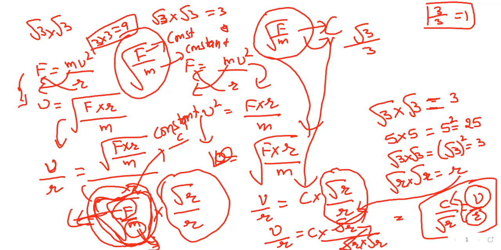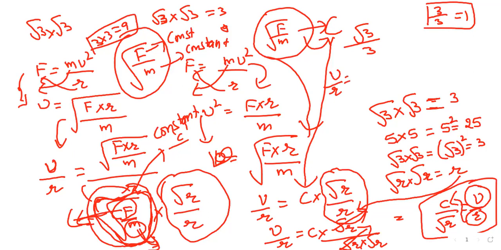So finally what we are getting is this v over r, the speed over the radius of whatever circular path this girl is moving. This is inversely proportional to square root of r, right? Mm-hmm.